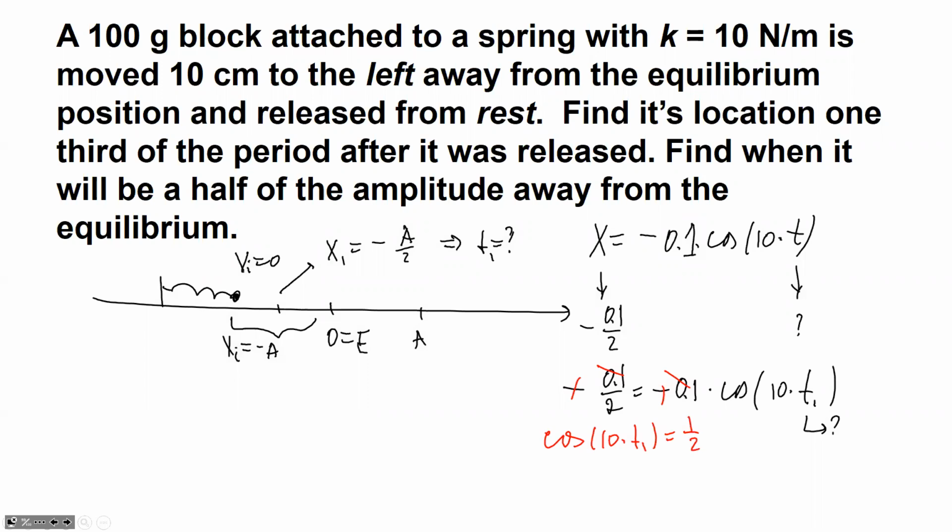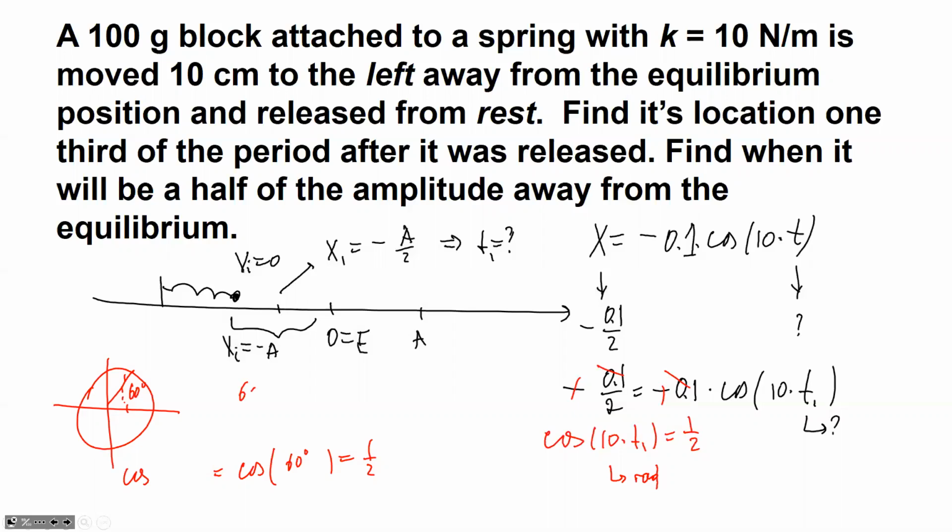Well, now you can use a calculator. But because we need time in seconds, the calculator should be set to radians. Or you need to know that cosine of what is equal to 1/2. Cosine of 60 degrees is equal to 1/2.